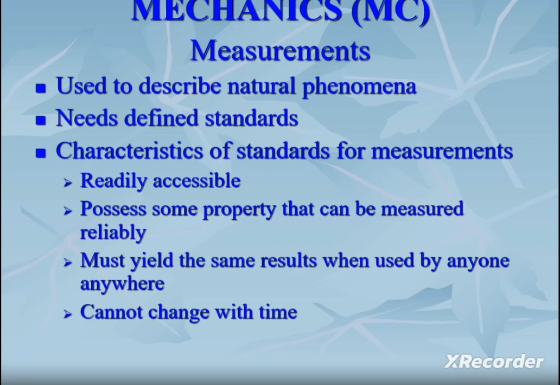It needs to be 100 even in the next hundred years, millions of years to come. It should not change over time. If something changes over time, it does not qualify to be a standard measure.